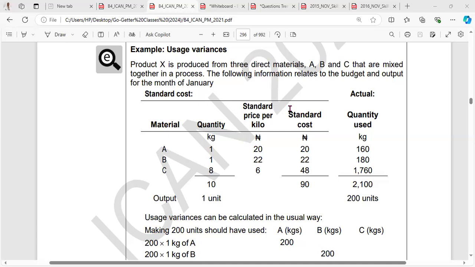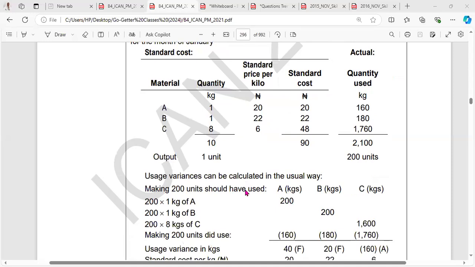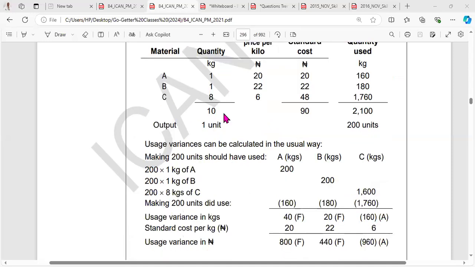This is the standard cost to make 1 unit. Now look at the actual quantity that was used in making 200 units. So usage variance can be calculated in the normal way. Now let's see how we can do the usage variance. Let's look at it here. Let's say example 1.